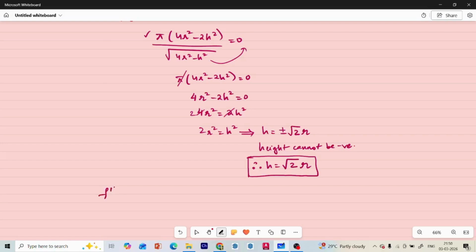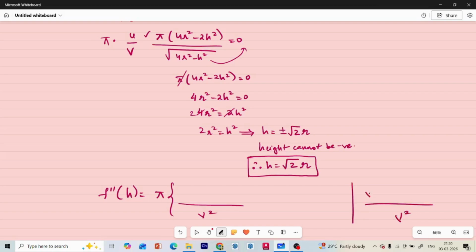So for f double dash h you have to apply u by v rule. It's basically pi into u by v. U by v means pi into, it's basically by v square, and here what should come, sorry, by v square, and here vu dash minus uv dash. Okay, that should be our derivative.